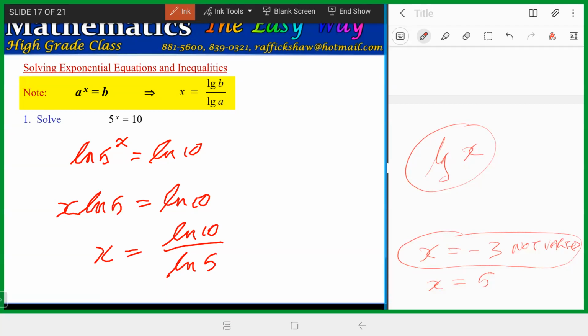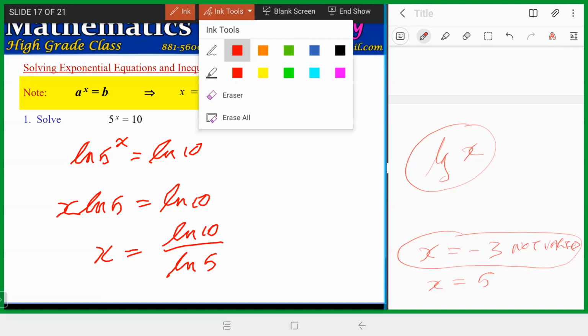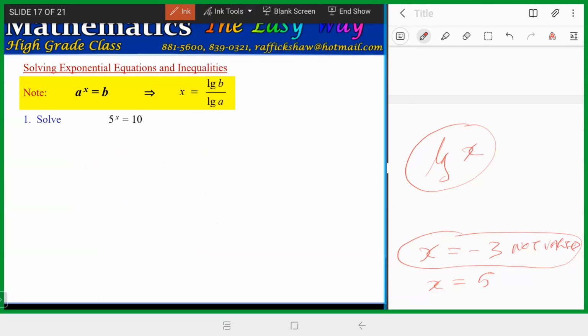Very good. And you drop it in the calculator and get the answer. Add maths working now. Add maths do the same question now. You're going to take log to base 10. So add maths would go log of 5 to the x equals log of 10. lg means log to base 10. And then you take the x and bring it to the front.